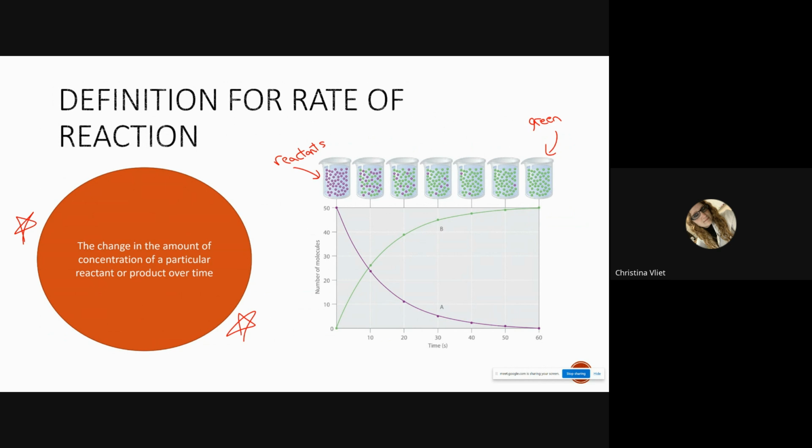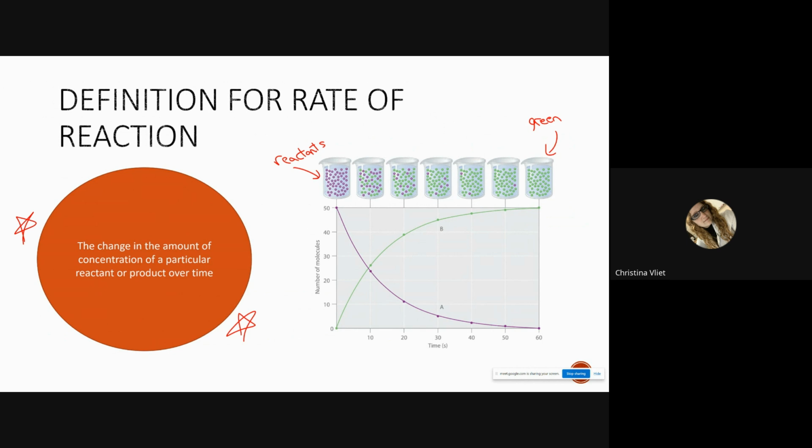The purple particles here are your molecules of reactants, and the green are your molecules of products. So what happens in a chemical reaction over time? Your reactants turn into products, but it doesn't necessarily happen instantly. It happens over time, and as your reactants effectively collide with each other, they turn into products.